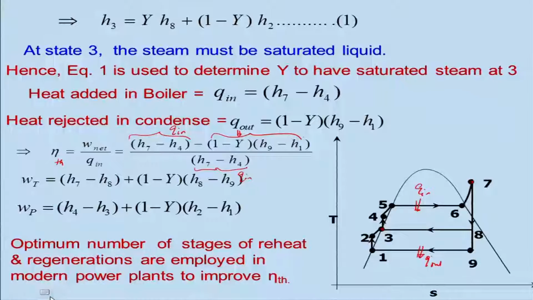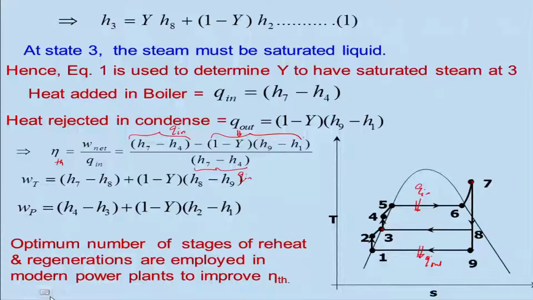So, it is very important to optimize it, otherwise while trying to enhance the thermal efficiency, you may end up decreasing it, or not enhancing it further. So, one has to optimize the number of stages of reheat and regeneration. Generally, regeneration is not used alone, it is clubbed with reheat.